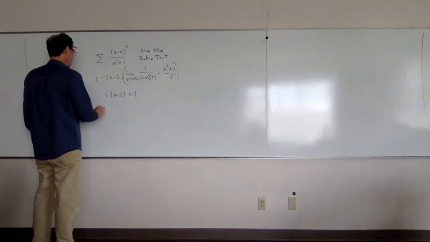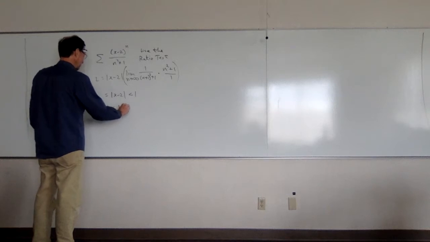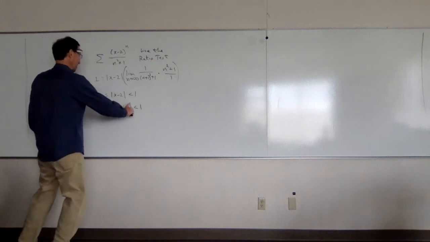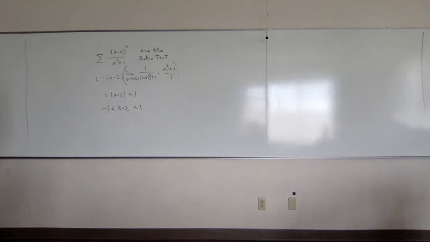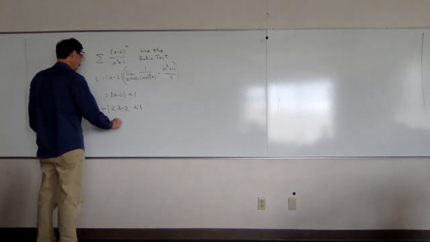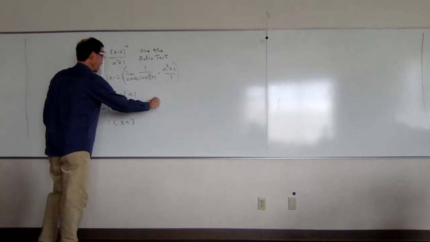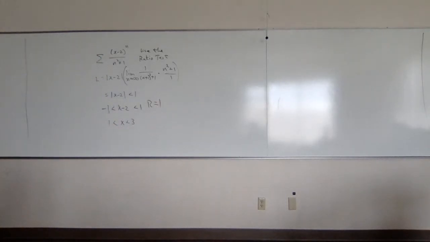So it converges if x minus 2 is between -1 and 1. Perfect. Okay, Nathan? Are you with me so far? Everything good? Then we add 2 to both sides, and we get 1 less than x less than 3. So the radius is 1. The interval is 1 to 3, and we need to examine the endpoints.